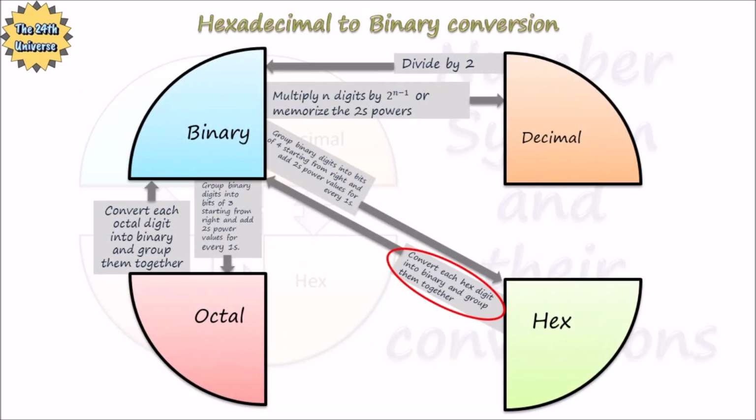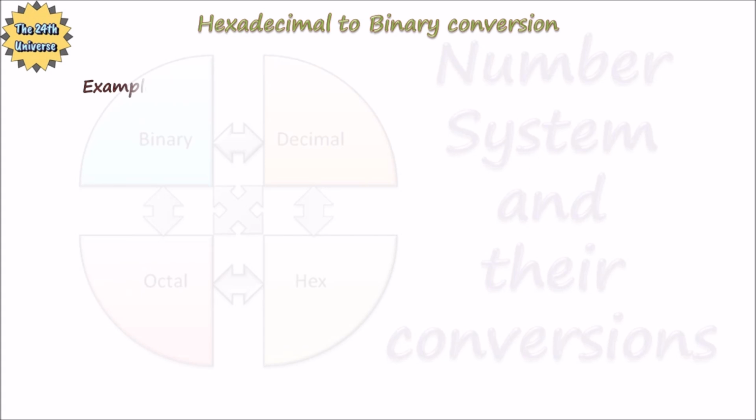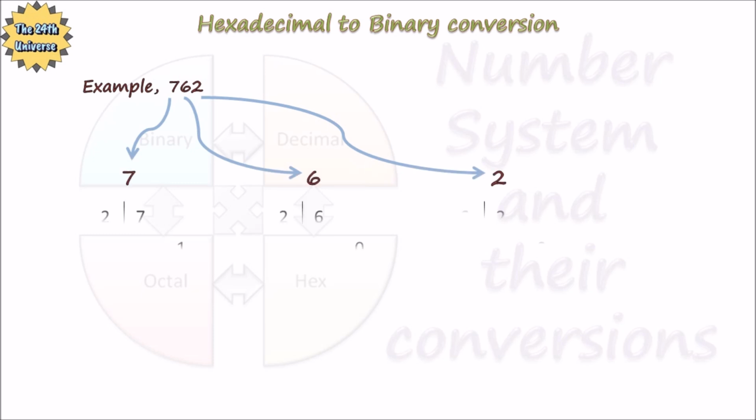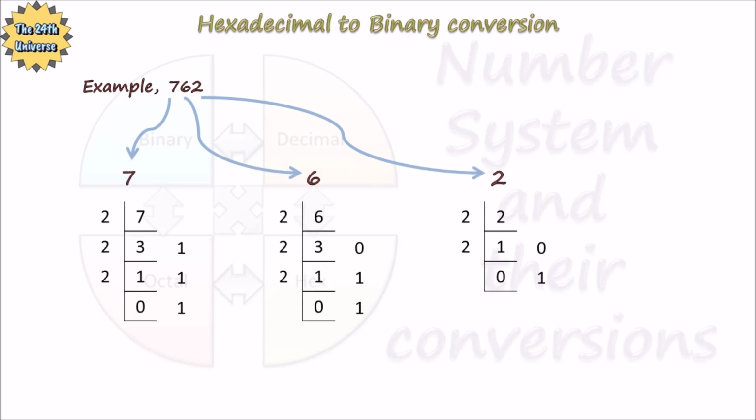Hexadecimal to binary. Easy method is to separate each digit of the hexadecimal number and divide each digit by 2 to get a binary number of 4 digits, and group them back to get the required binary number. Consider the same example 762. Here, every digit of hexadecimal is converted to its binary equivalent like this.